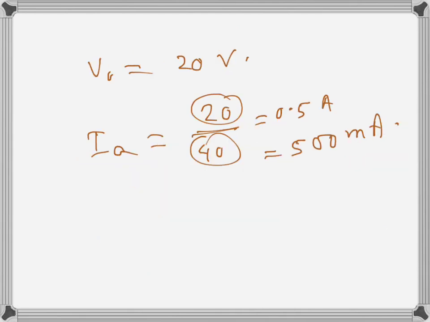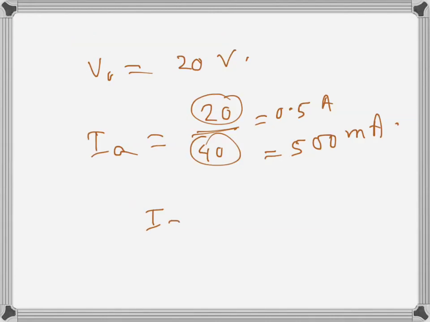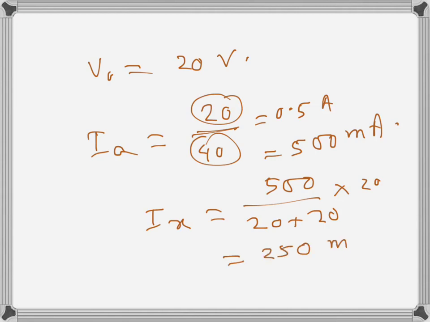We can just see that the current will be divided equally. But I will still write the expression for the sake of it. So Ix equals the total current, 500 milliamps, divided by 20 plus 20, times the branch through which we want to find the current, which is 20. Both are 20, so of course it becomes 250 milliamps.